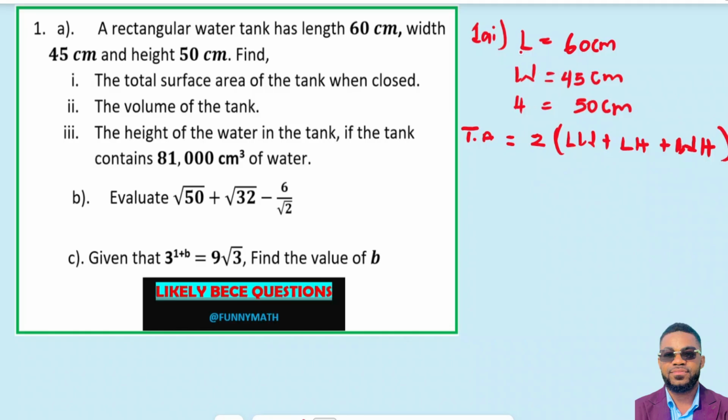It's like we are just pairing the letters here. So you see I paired L and W, that is LW. I also paired L and H, and W and H. So that's a simple way. And remember to multiply by 2.